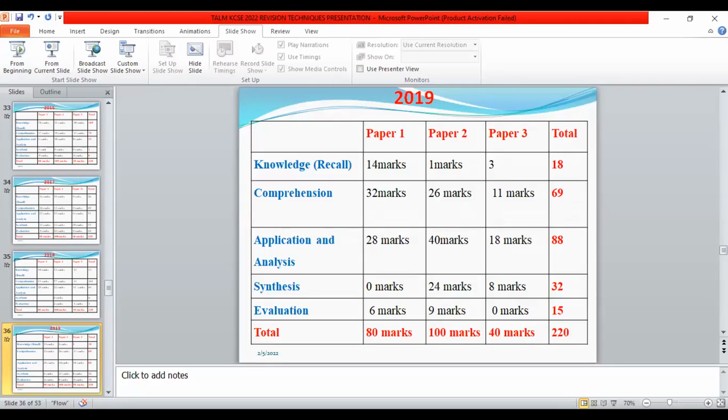Synthesis, we ended at 32: 24 marks in paper 2, 8 marks in paper 3. Evaluation again, 6 marks paper 1, 9 marks paper 2, no mark in paper 3, total 15 marks. So you can see now, in 2019, again, we have comprehension, application, and analysis, and some bit of synthesis. Let's look at what happened last year, 2020. Next slide.